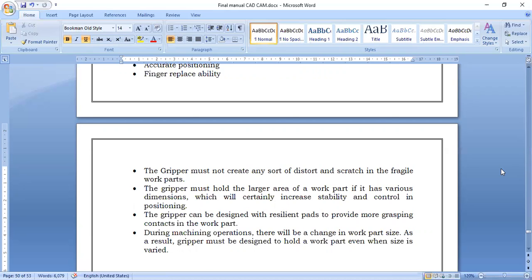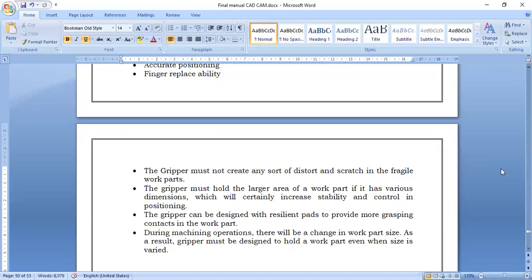It should hold across the dimension so that it does not affect the size and shape of the workpiece. It should hold it comfortably, and this will increase the stability, rigidity and control in the positioning of the workpiece.